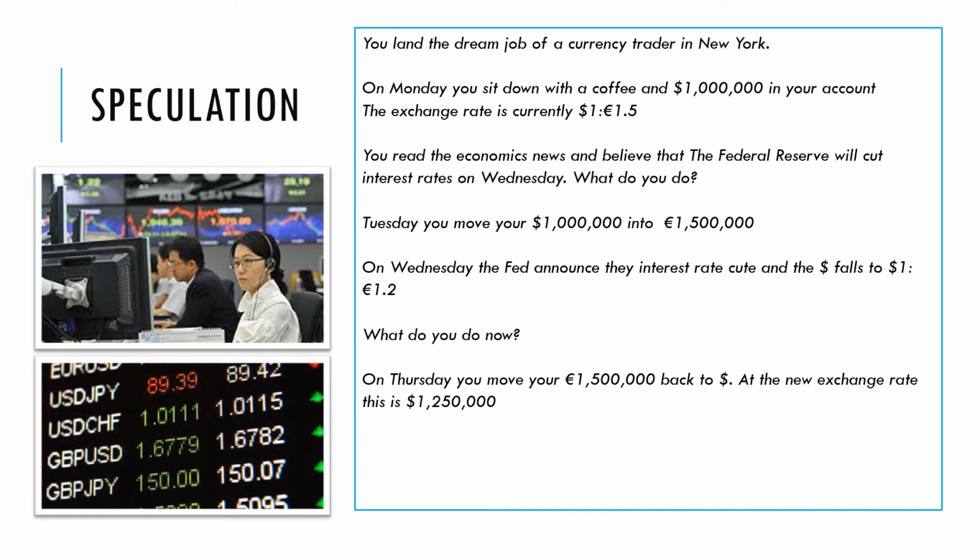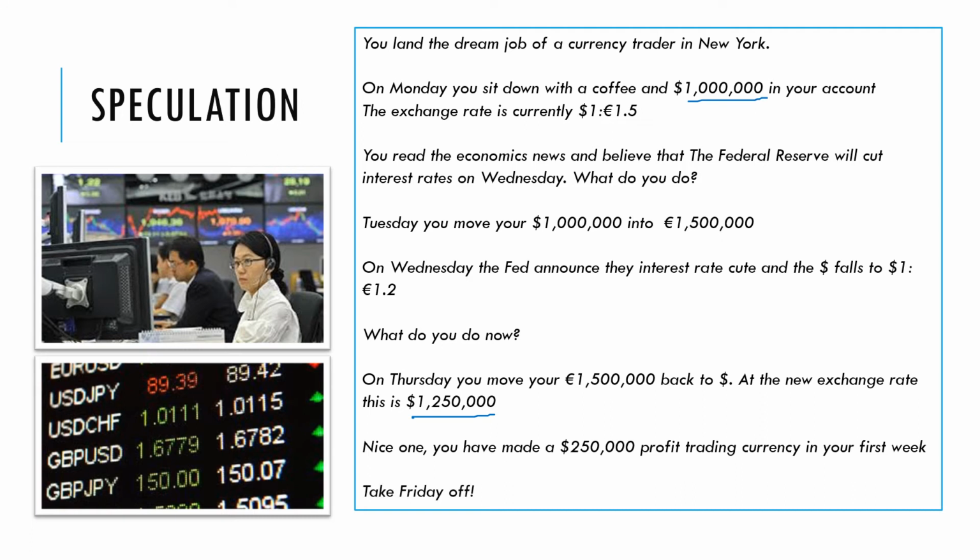At the new exchange rate of $1 to 1.2 euros, you have $1.25 million in your account. Compared to what you started with on Monday morning, you've made a very nice profit, $250,000 for 4 days' work, so you can take Friday off. We call this speculation: buying and selling currency in order to try and make a profit.